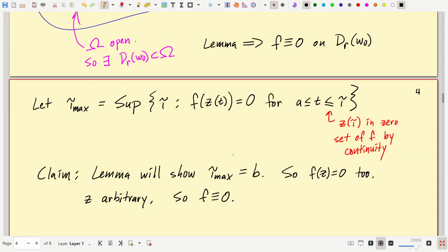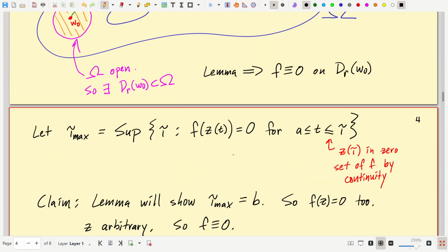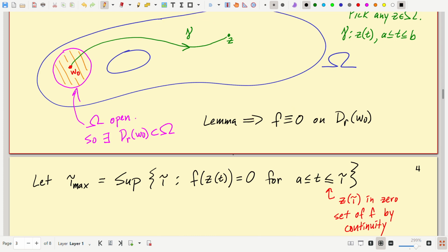Well, let me show you the reason. Let's suppose that this is z of tau max. That means that along this curve, the function is identically 0.